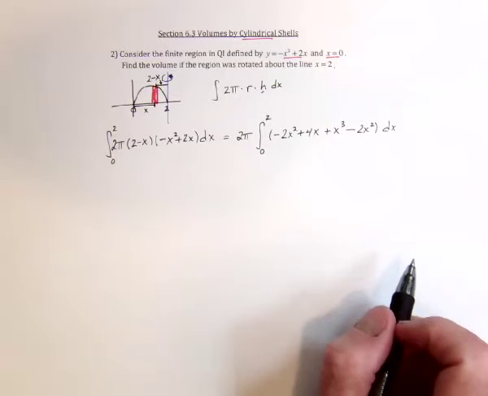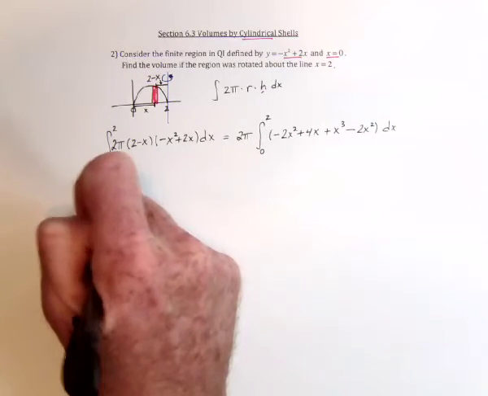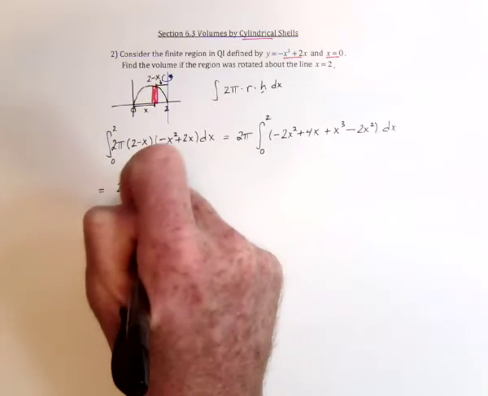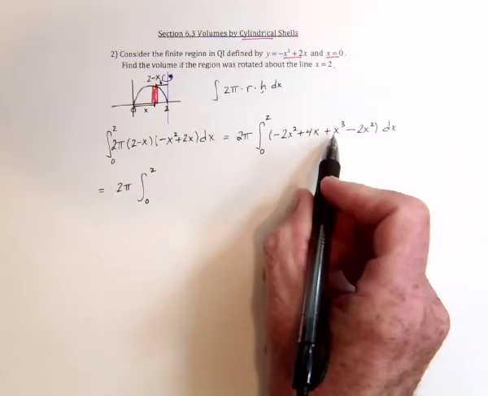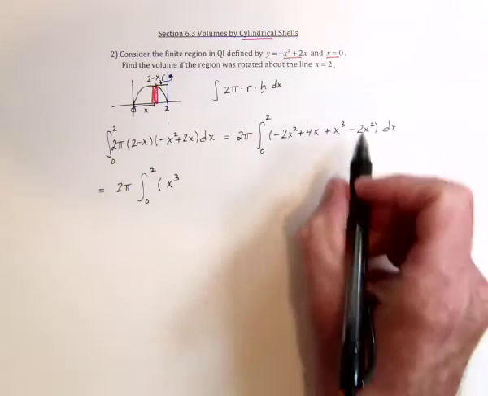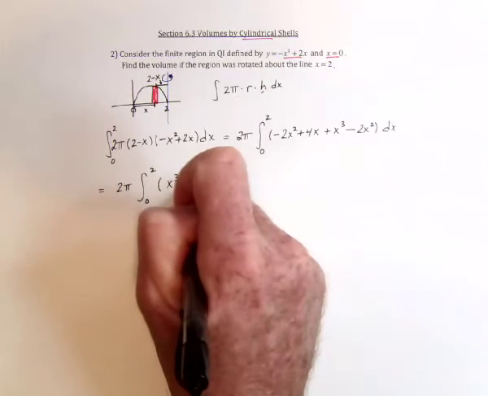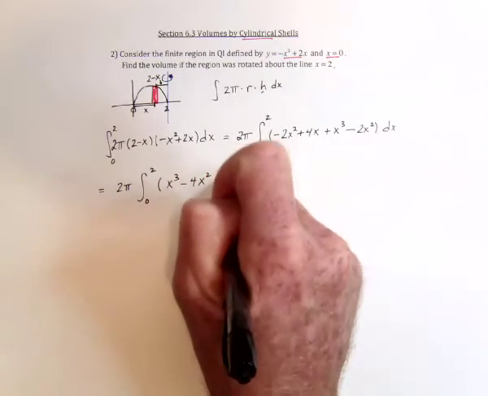You could combine like terms. Yeah, I think I will. Do a little bit more algebra first. So this one goes first, x cubed. And then combine these two for negative 4x squared. And then plus a 4x.